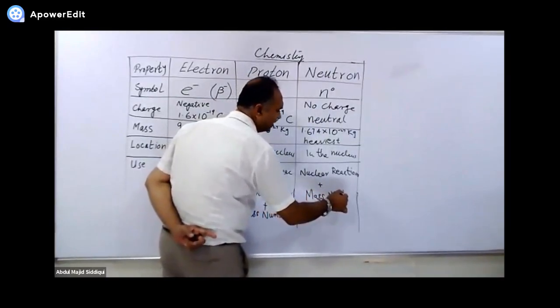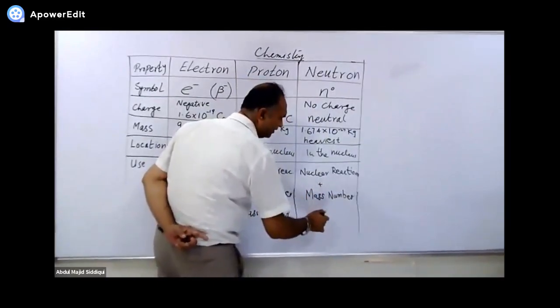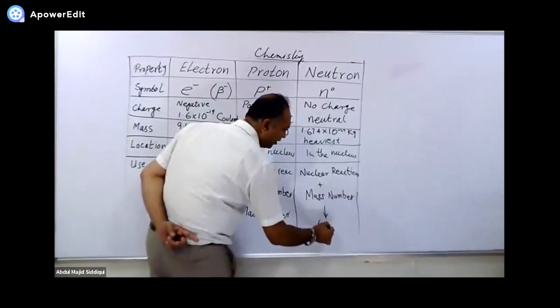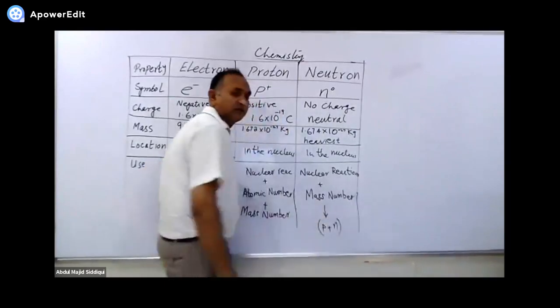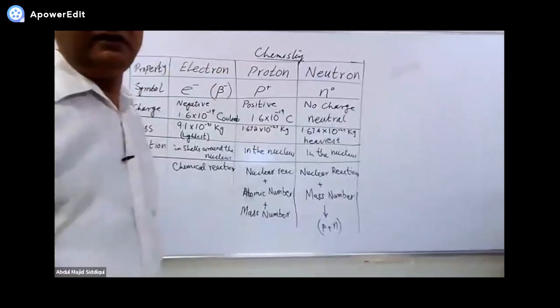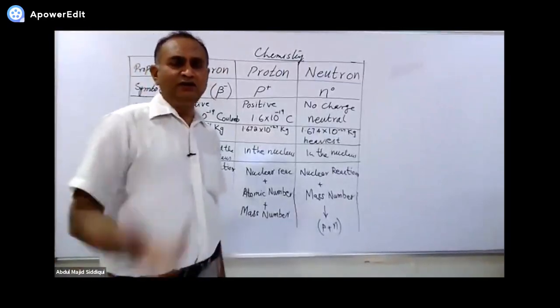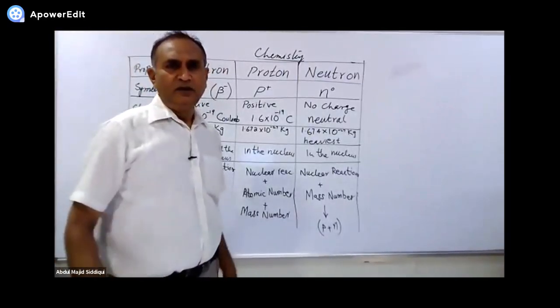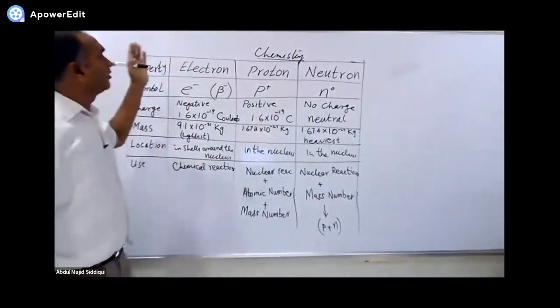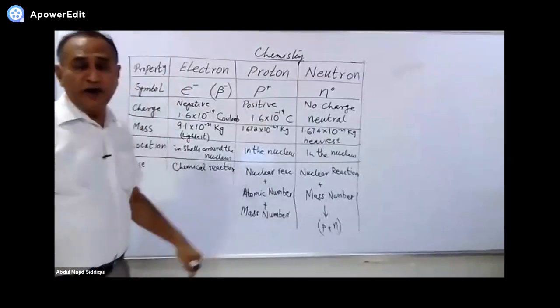If you remember, mass number is the sum of protons and neutrons. Right? So this is all about the three different kinds of particles.